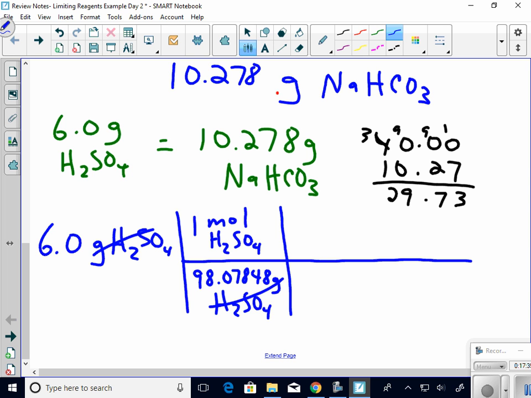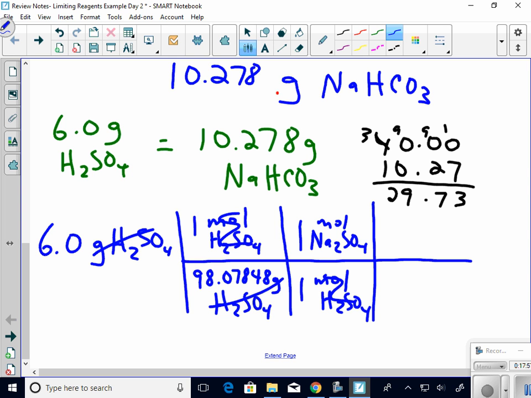My grams cancel. I've got that into moles. I need to go back and look at my molar ratio, and it's a 1-to-1 ratio. So 1 mole of H2SO4, there's 1 mole of Na2SO4. So now I've converted that into moles of sodium sulfate.